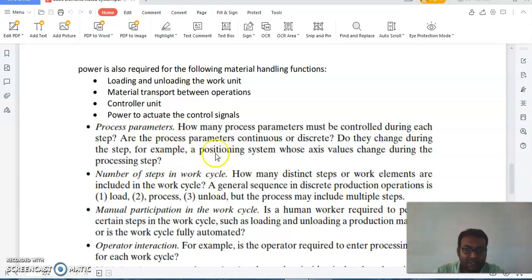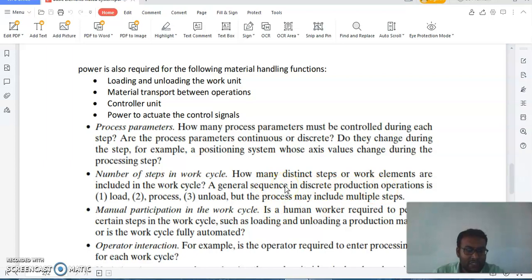In the program of instructions, we need to determine the process parameters, whether it is a continuous or a discrete process, and also the number of steps in the work cycle. For example, what is the sequence in the production process?